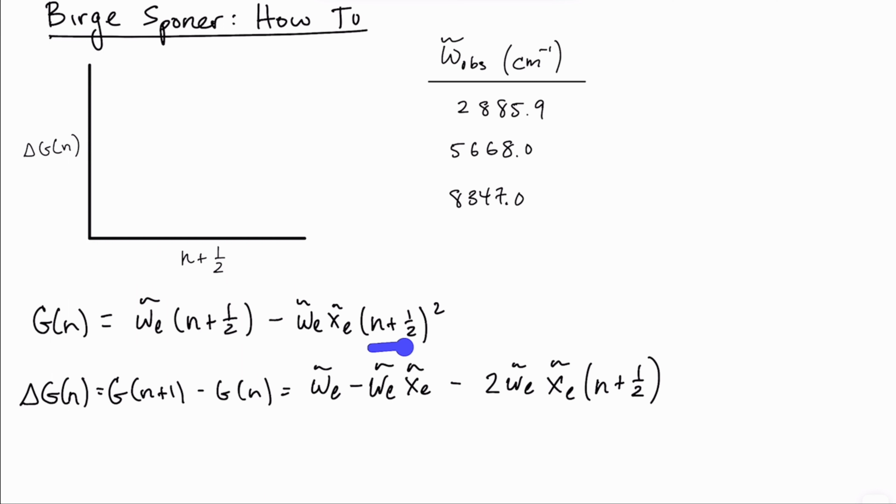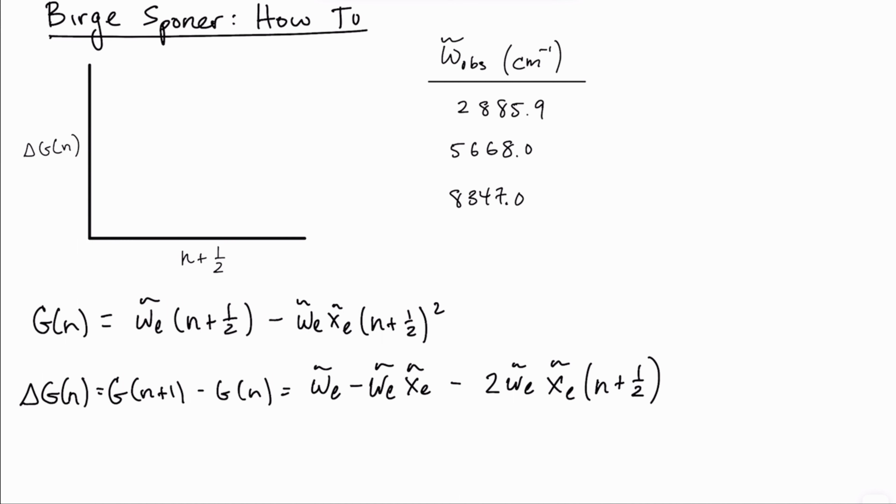So you have this quadratic term that is the anharmonicity coming in, but the biggest contributor is the omega e tilde. The basic goal now is to use what we can observe spectroscopically to determine both omega tilde and omega tilde times x tilde.